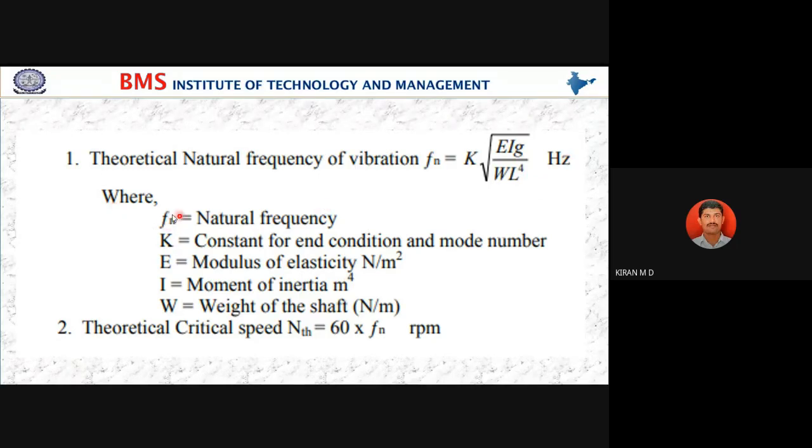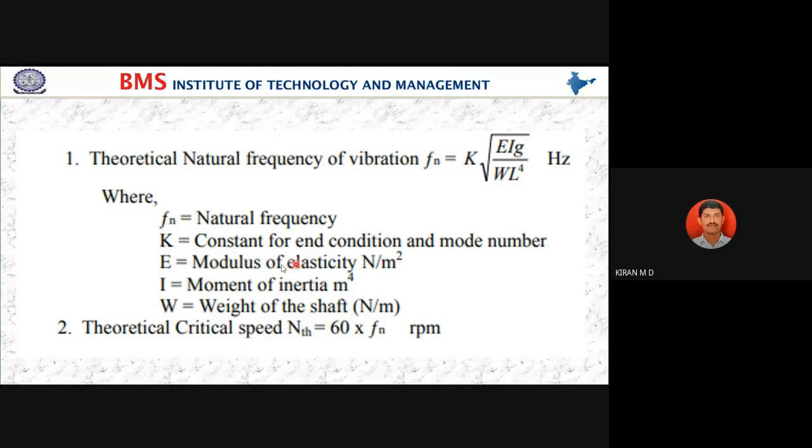K is for the end condition, both ends fixed. You are going to use 2.45. I will give that material in the Google Classroom. K is the constant, 2.45 we are going to use.